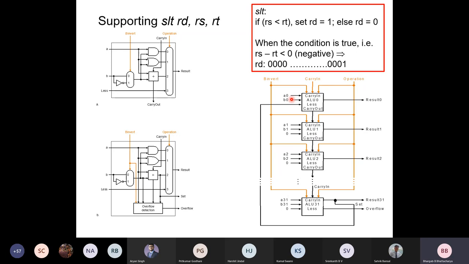So that 0 will set this least significant bit, and all other bits are set to 0 by the direct input lines. So this simple hardware implements the set less than instruction.